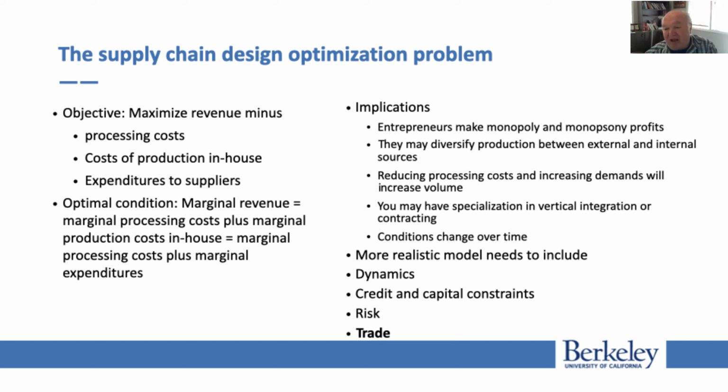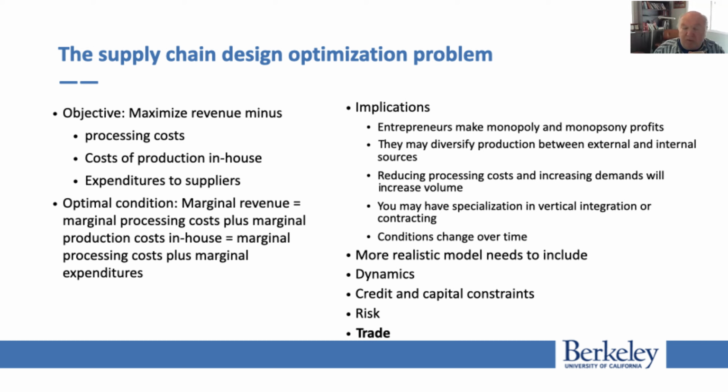So to some extent, if you are an entrepreneur that runs a supply chain, you have a lot of monopoly power in the output market and a monopoly power in the input market. You basically have market power. You can make extra profit because you produce less than you produce under competition.